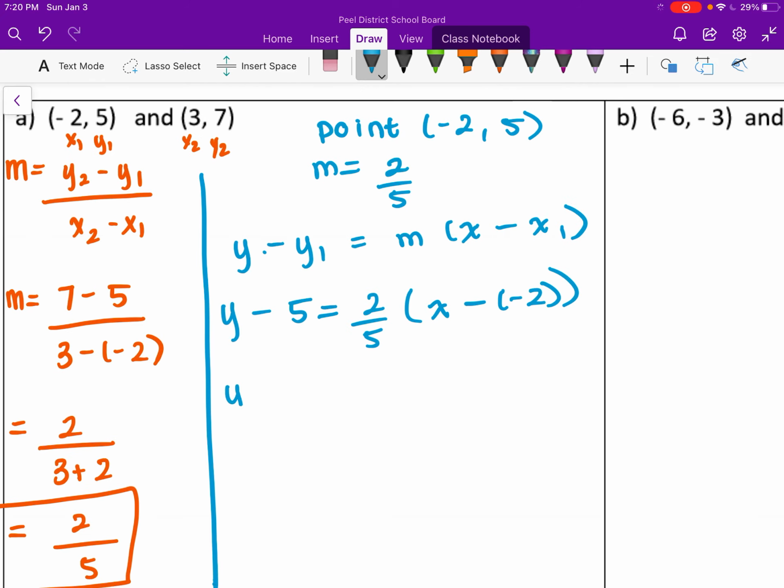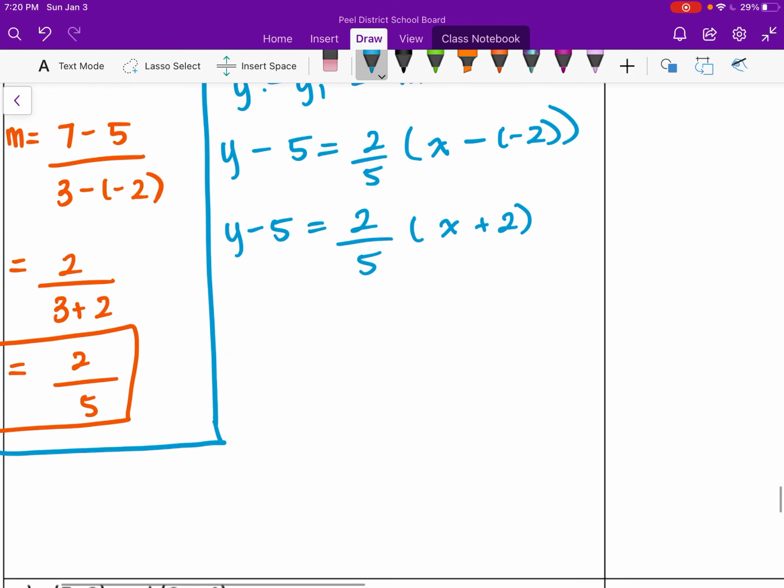First things first, I'm just going to simplify the bracket. x plus 2, y minus 5. I'm going to multiply in. 2 times 2 is 4 over 5.